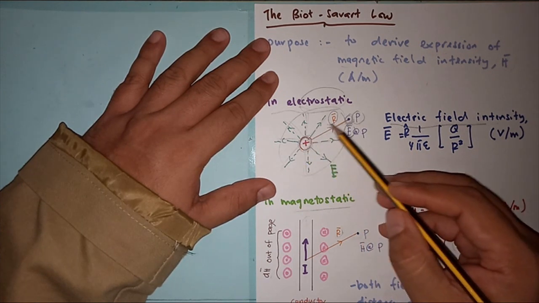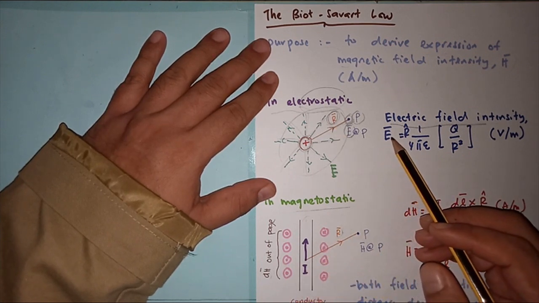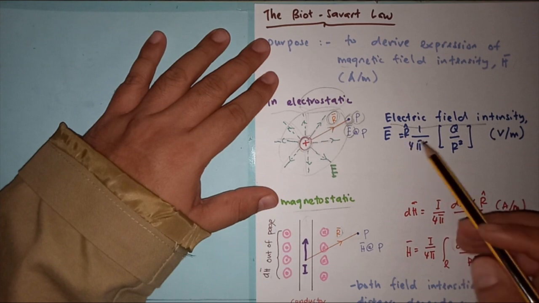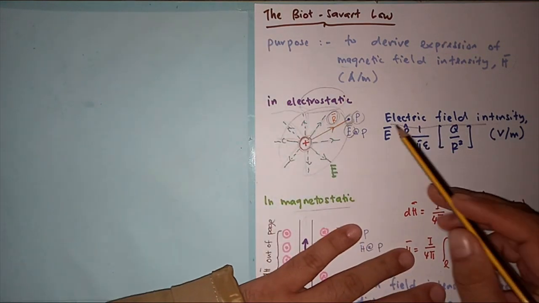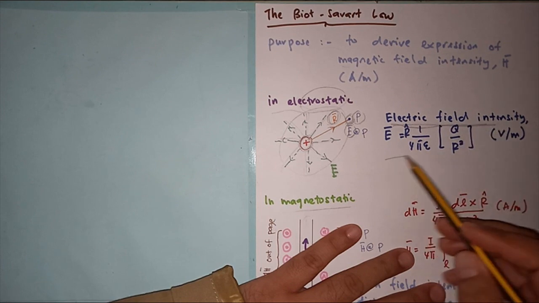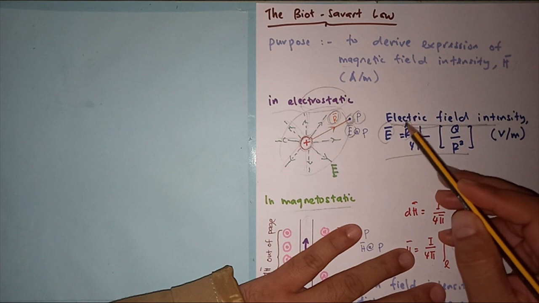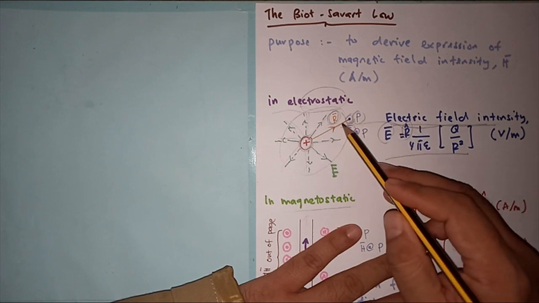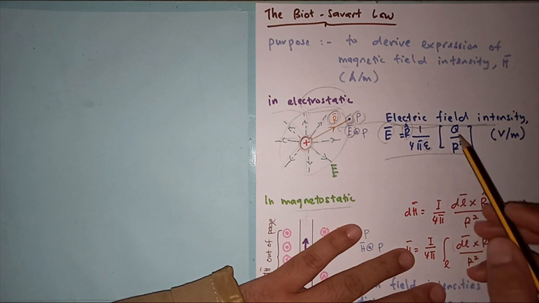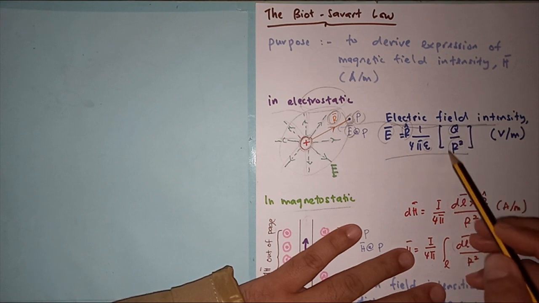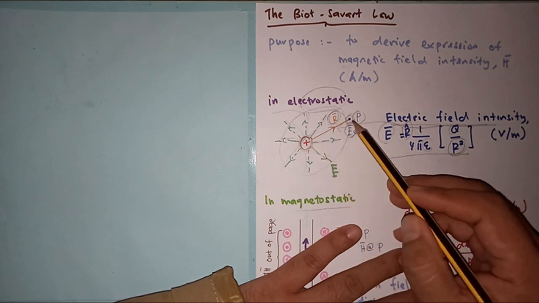Then, using a related law, for example Coulomb's law, we can derive the basic expression for our electric field intensity as given in this equation. We have the vector E equal to R cap, where R cap is the unit vector, times 1 divided by 4 pi epsilon, multiplied by Q divided by R squared, where R is the distance between the charge and the test point.